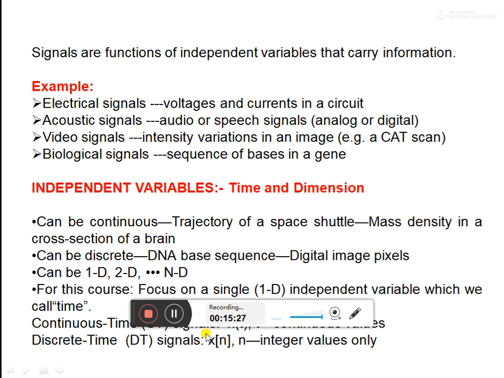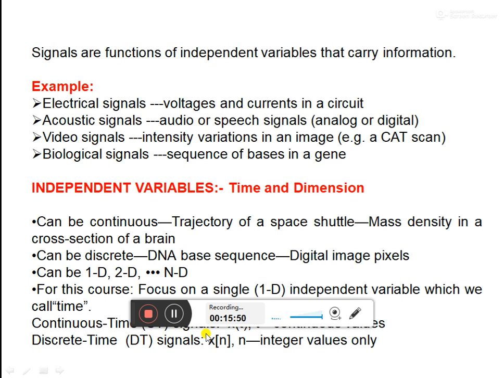All your electrical signals, like current and voltages in a circuit, can be considered as signals. Acoustic signals, that is audio and speech signals, are a category of signals which is available in nature as it is. Video signals and biological signals like ECG, EEG also come under this category.